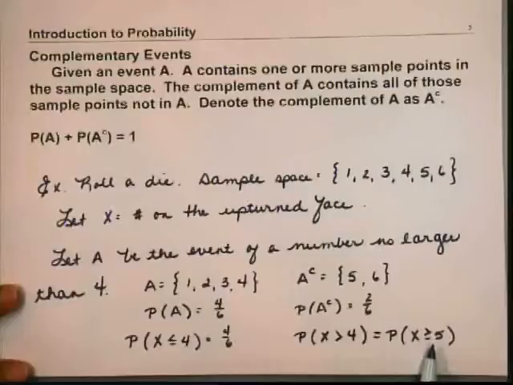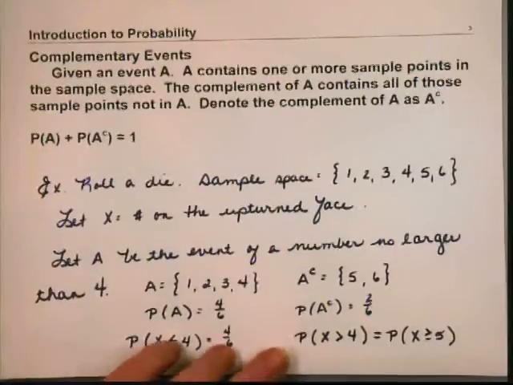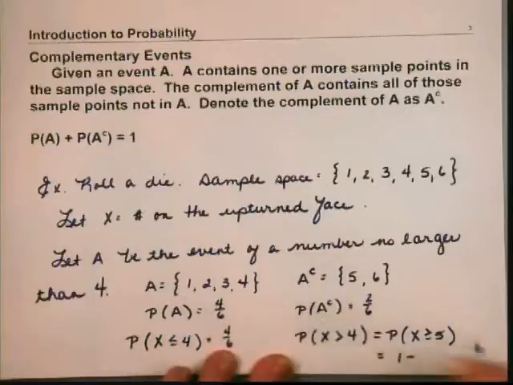Whenever we look at continuous random variables, we're not going to be able to. But these are equivalent statements for this discrete random variable x, because we know there are no values of x between 4 and 5 that occur with non-zero probability. And of course, then 1 minus the 4/6 we see over here is the 2/6.